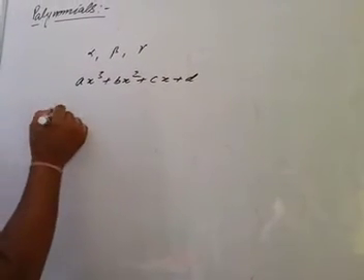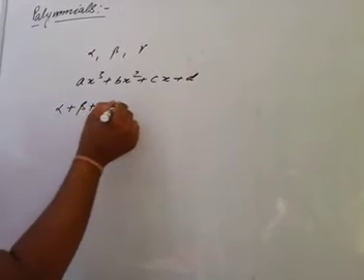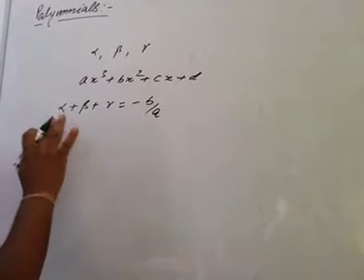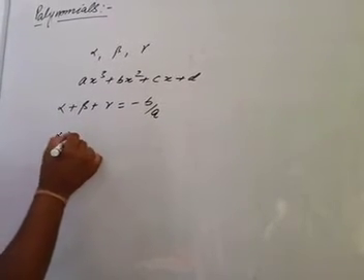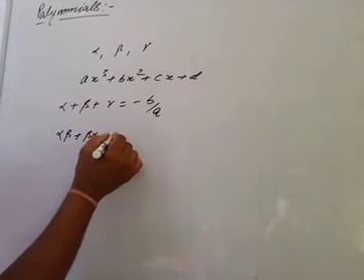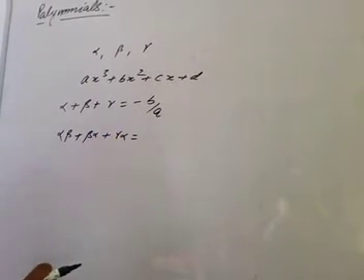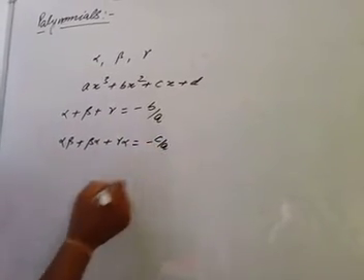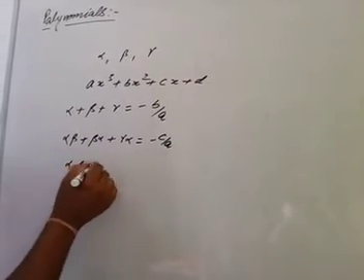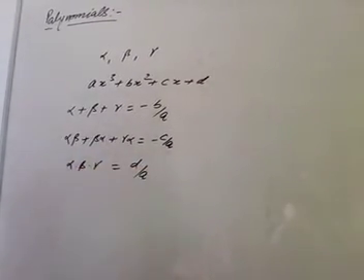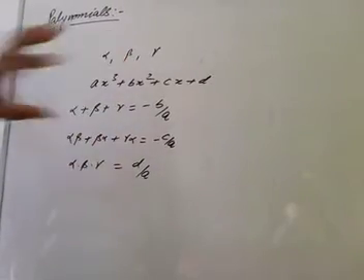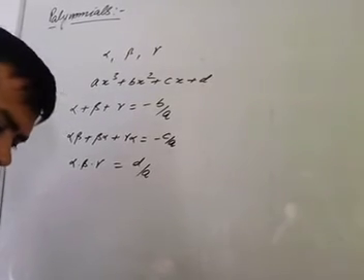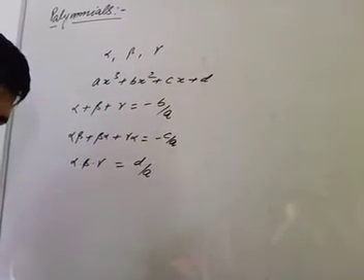Here the sum of the zeros will be minus b upon a. The sum of the products taking two at a time, meaning alpha beta plus beta gamma plus gamma alpha, will be c upon a. And the product alpha beta gamma will be minus d upon a. This is the relation between these three zeros. This is not in your syllabus. You simply have to learn the relationship between the zeros.